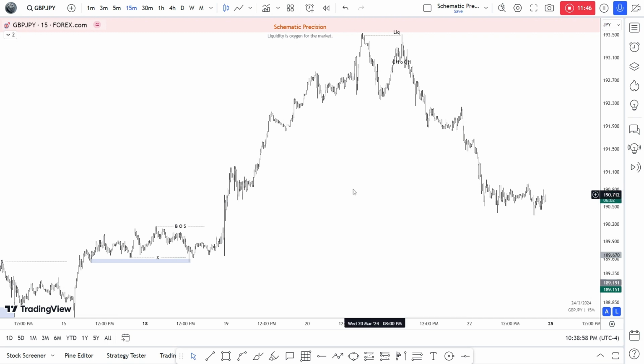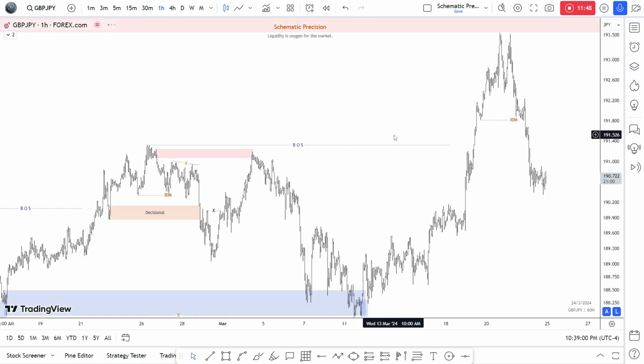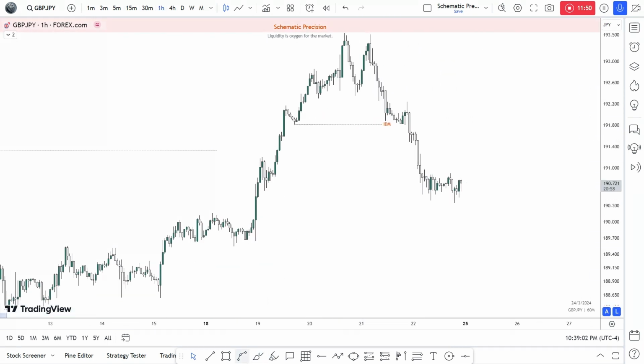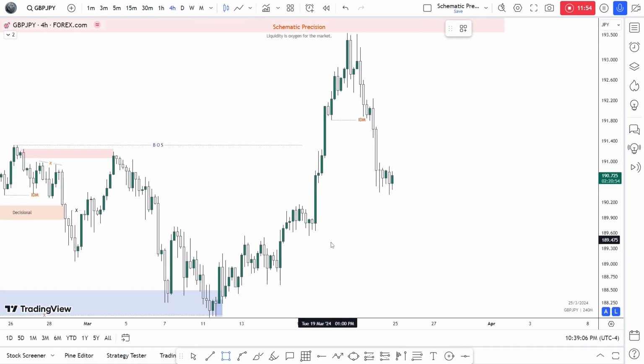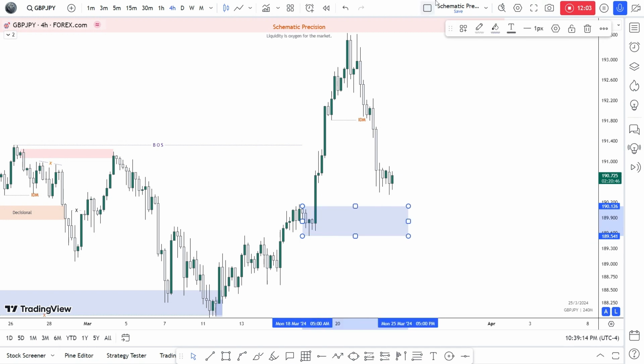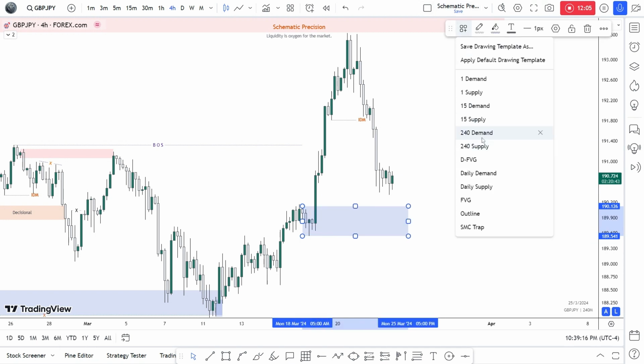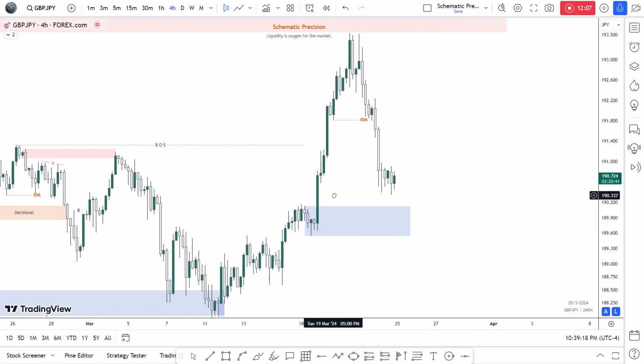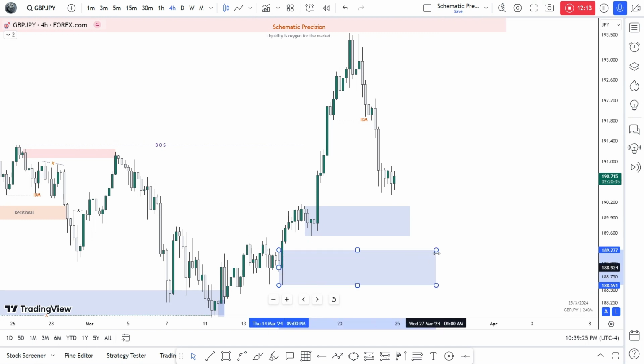Let me mark the POIs where we should look for buys in case. Okay, so this down move can be one of the decisional POIs after the inducement. And after this, if we have something, it is only this price.